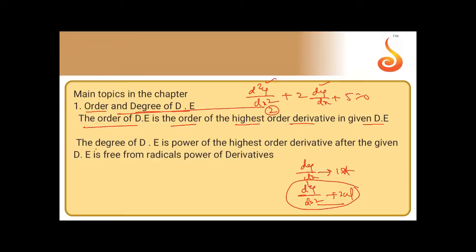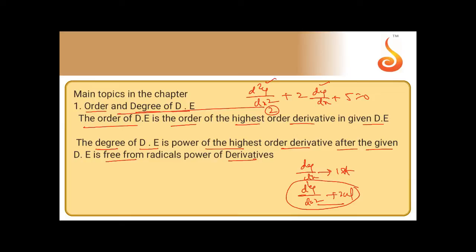Next, what is called degree? The degree is the power of the highest order derivative after the given equation is free from radical powers of derivatives. That means when you're finding the degree of a differential equation, the equation should be polynomial in derivatives. That means powers of derivatives should be integers. Then only you can take the degree. Degree is always an integer, never a fraction. So when you find the degree, always make sure that the given equation is free from fractional powers.